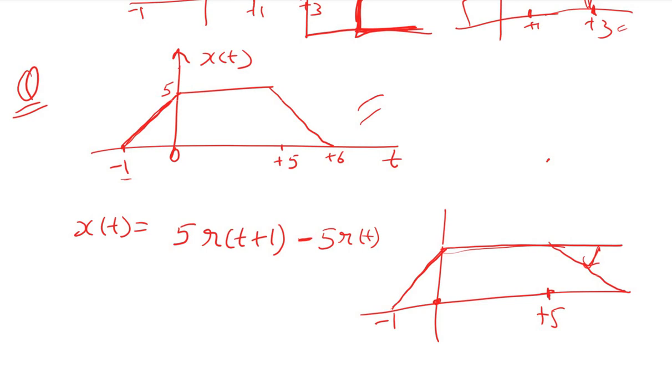At this point the slope is 1. We need to bring down that slope to a negative slope, right? So what we'll do, we'll again subtract another ramp function with slope 5 and shift it to time t is equal to plus 5. So this results in this function.